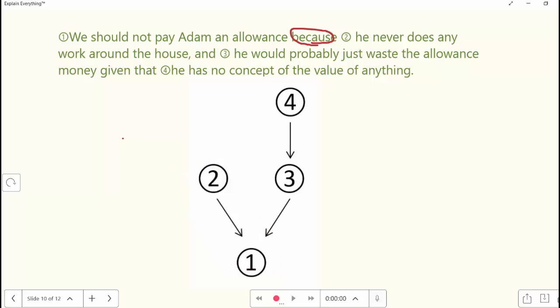So you might ask yourself, well, why aren't these put in brackets? Well, they're not put in brackets because even if this part of the argument was completely removed, the fact that he doesn't do any work around the house all by itself would be the kind of reason not to give Adam an allowance, right? You don't need 3 for 2 to get you to 1.